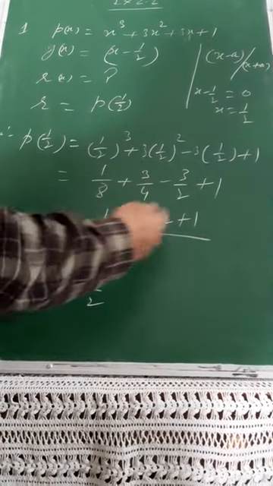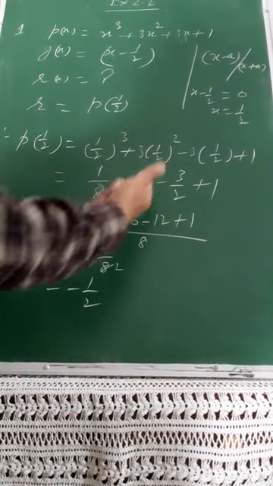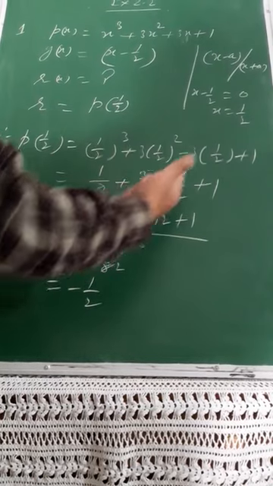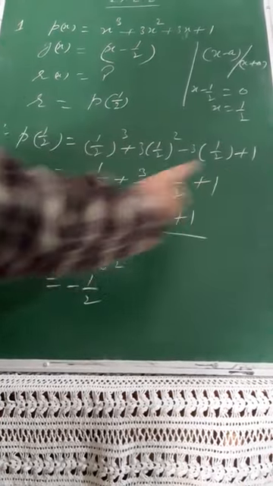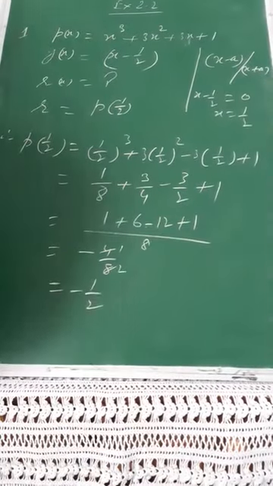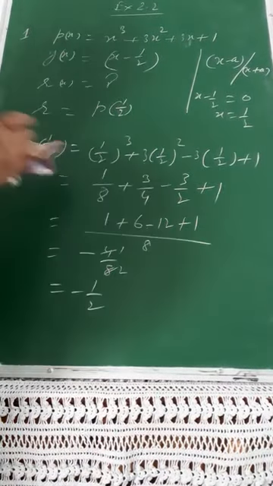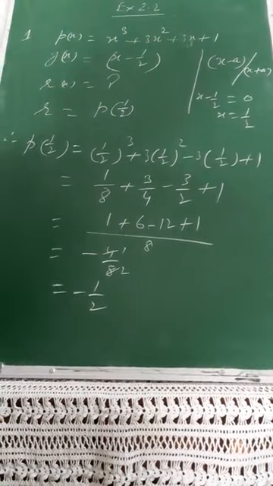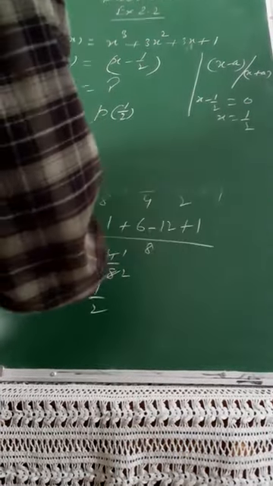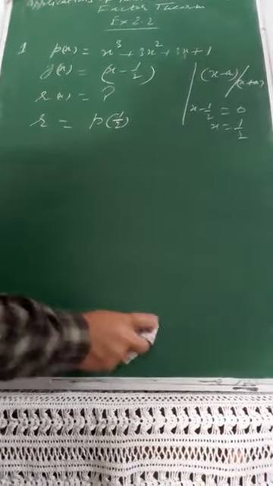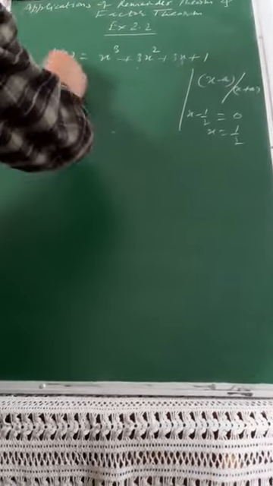And do the calculation: cube of 1 by 2, square of 1 by 2 multiplied by 3. Minus into plus is minus, 3 ones are 3 upon 2 plus 1, and then do the calculations and check the answer finally. So in that way, without long division, you can find the remainder. That is the advantage of using the remainder theorem, and we can avoid the long division.